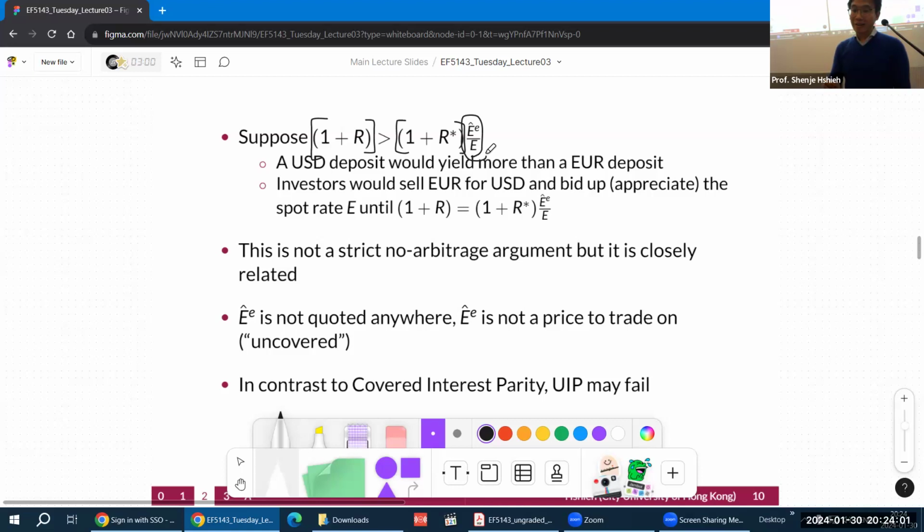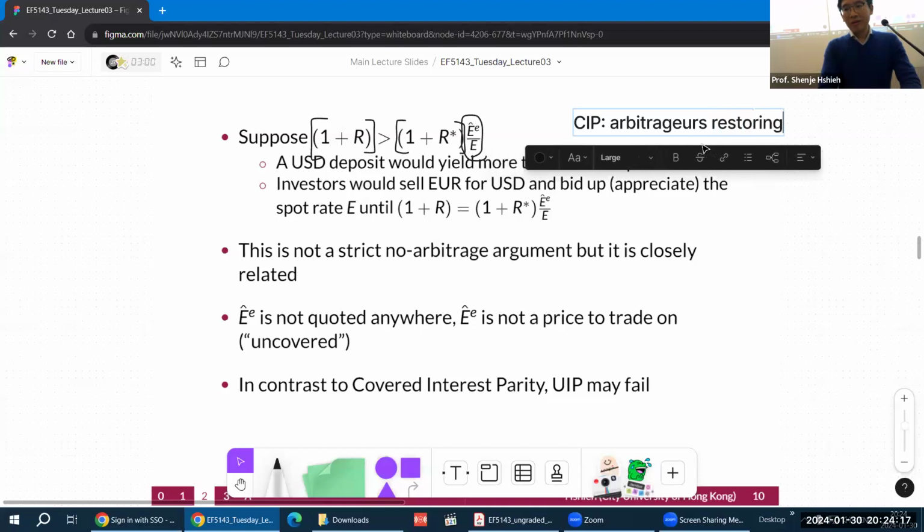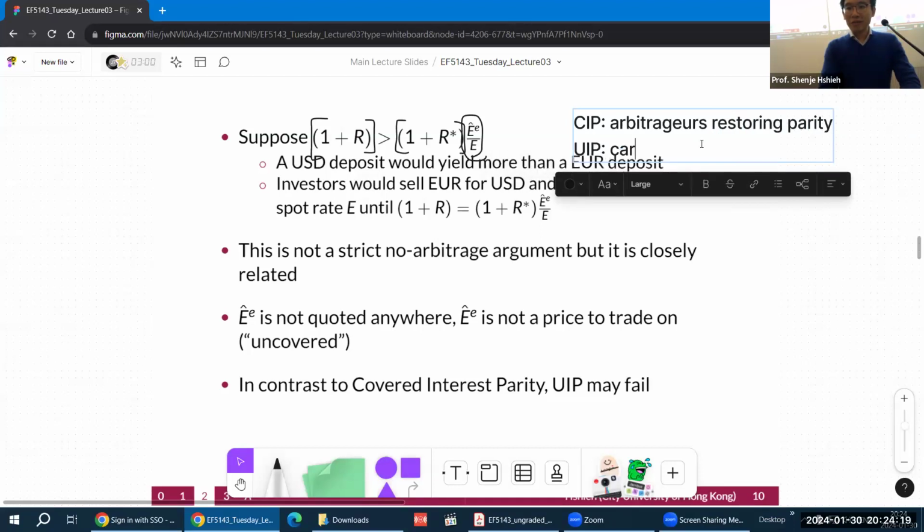If you see this violation, it's not the arbitrageur anymore, it's the carry trader, okay? So for CIP, you have arbitrageurs restoring parity, but for UIP, you have carry traders.